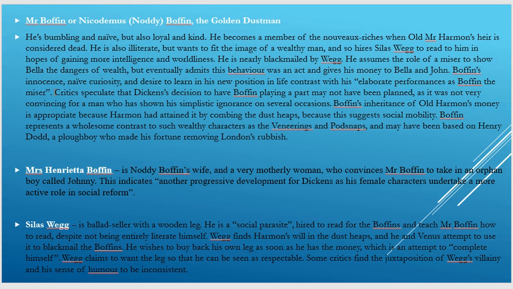So he is a servant, and suddenly he became a master and became Mr. Buffin, not a servant anymore. Critics speculate that Dickens' decision to have Buffin playing a part may not have been planned, as it was not very convincing for a man who has shown his simplicity and ignorance on several occasions.